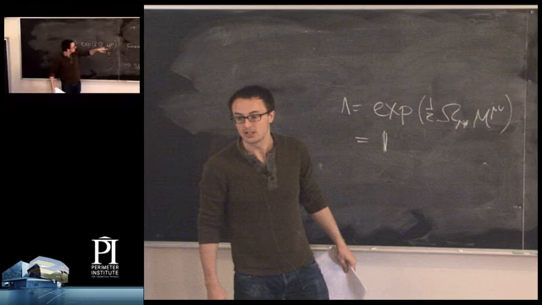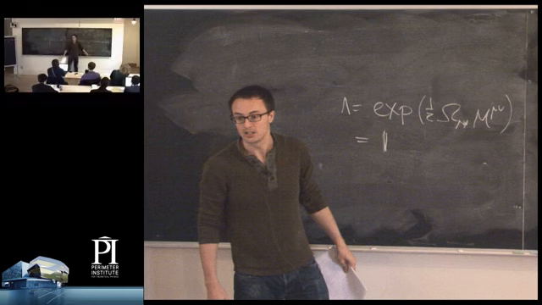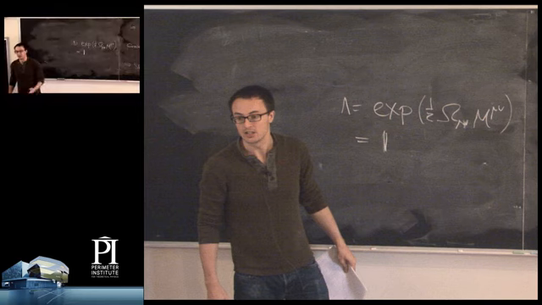You should plug in the same value of phi defined in the same way with the epsilon symbol, and you'll see that this gives 1 and not minus 1. Yeah, so it's definitely worth checking that. It turns out it's actually this factor of a half here which is giving this minus sign. But there's enough factors of a half floating around that you should be careful and check this.